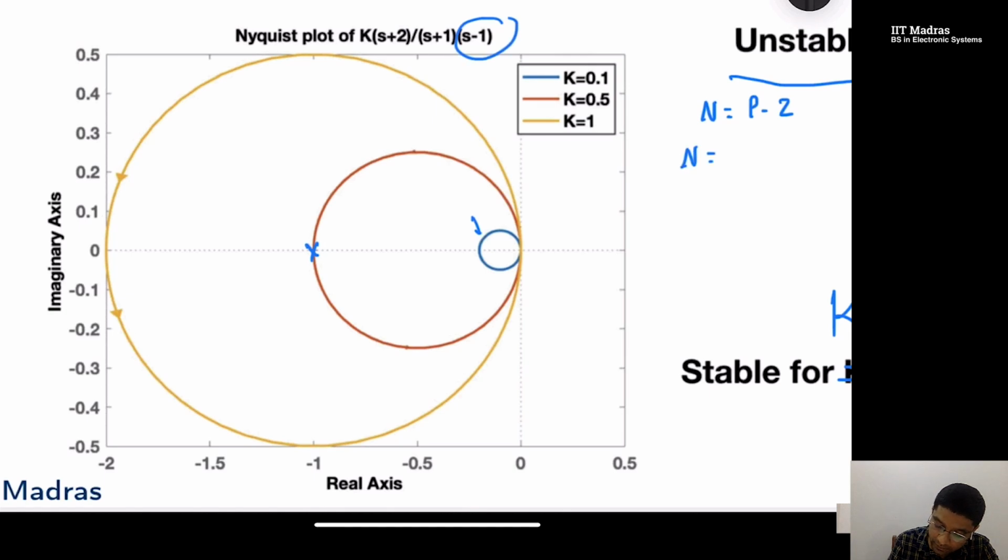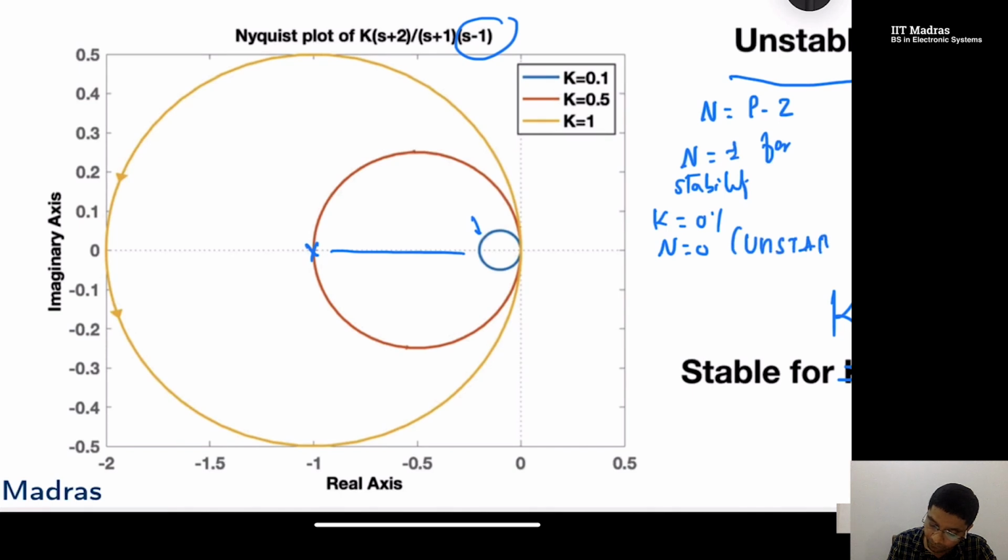So N must be equal to 1 for stability. For k equal to 0.1, I'm really far away from the point -1 plus j0, N equal to 0, so unstable. For k equal to 0.5, I'm here, and this becomes marginally stable.